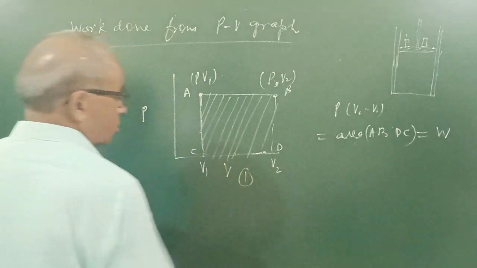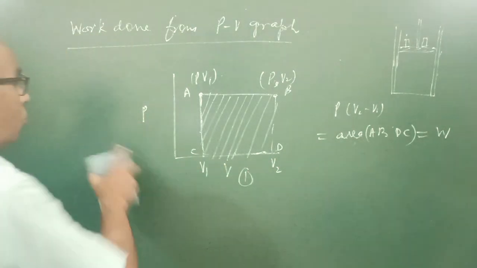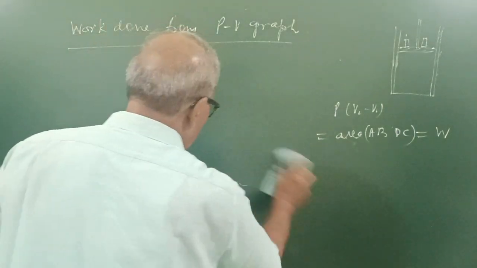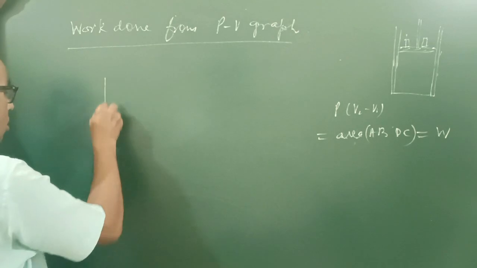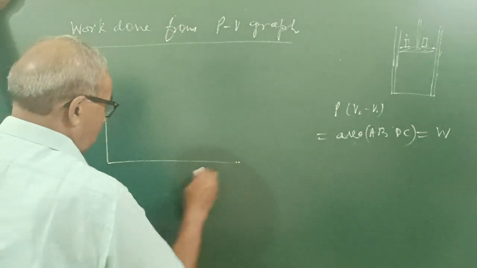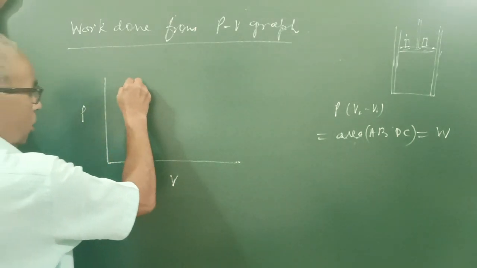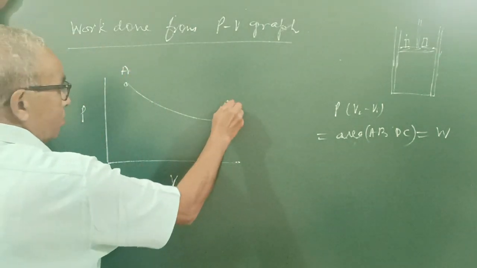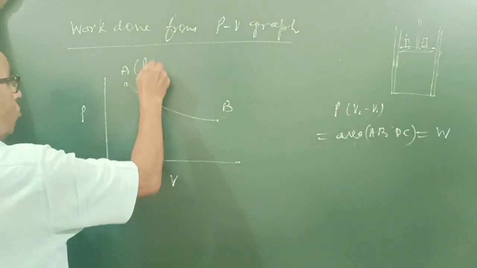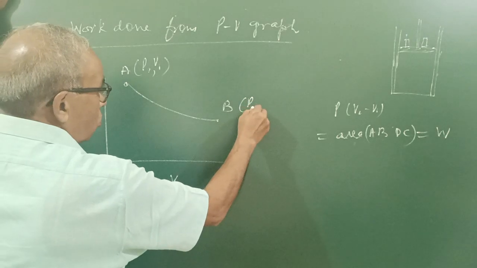That was one figure. But now if the graph between pressure and volume does not come this way, if the graph is like this, with volume, pressure, A to B, here P1, V1, and here P2, V2.